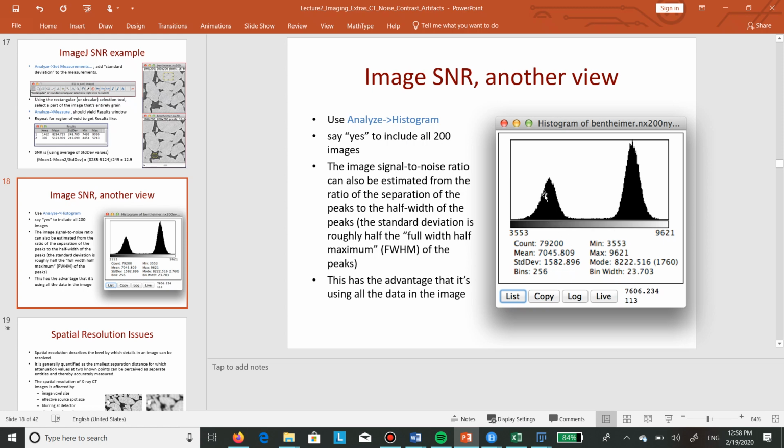We can already, technically, if I fitted a distribution here and got the mean of each of these peaks and the standard deviation of the peaks, that would be a little more robust measure going over the entire image. Yeah? Okay.